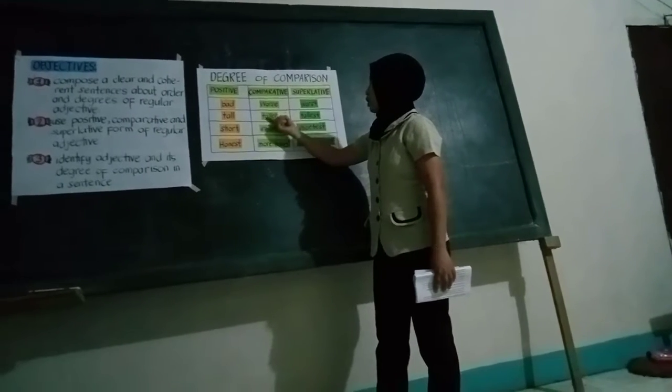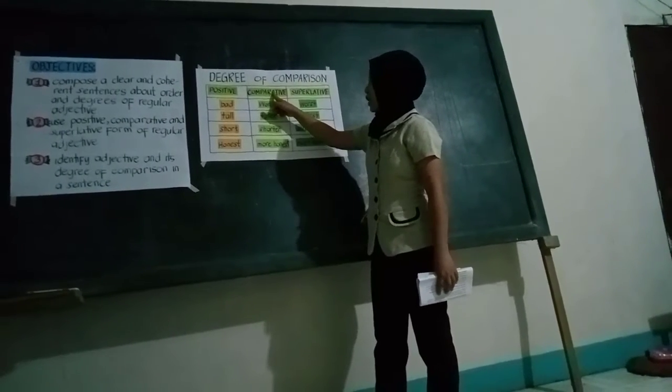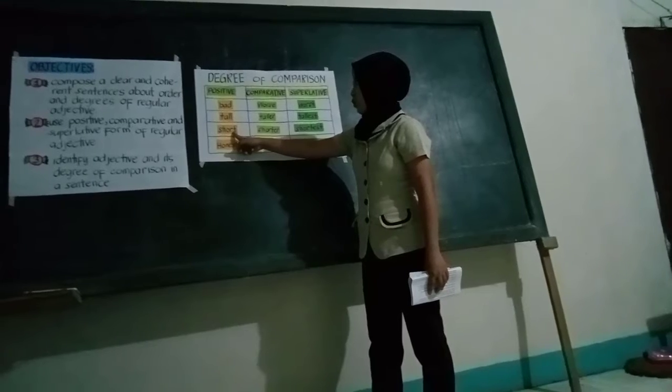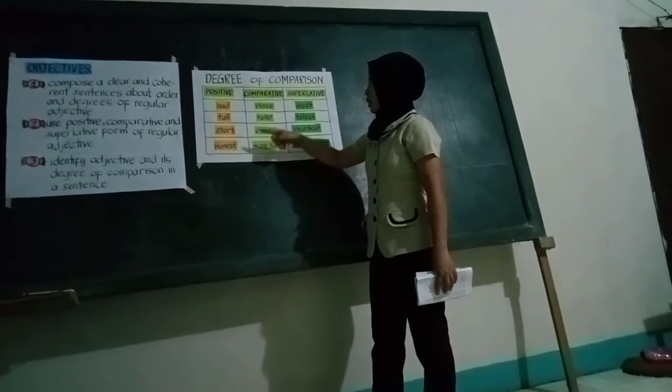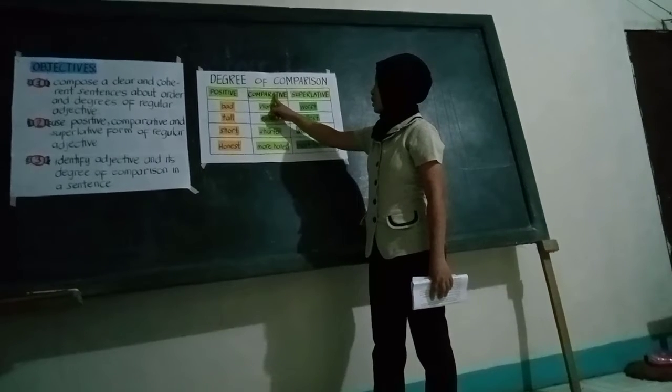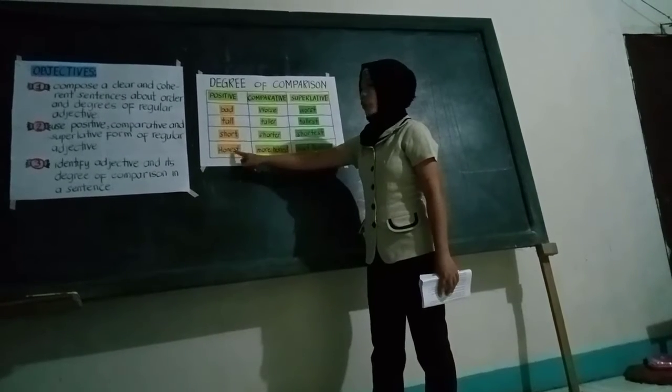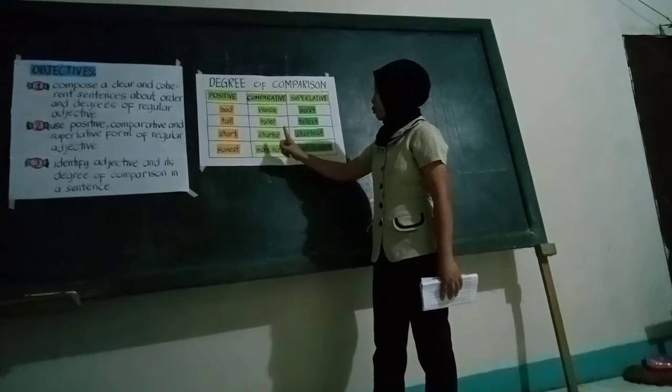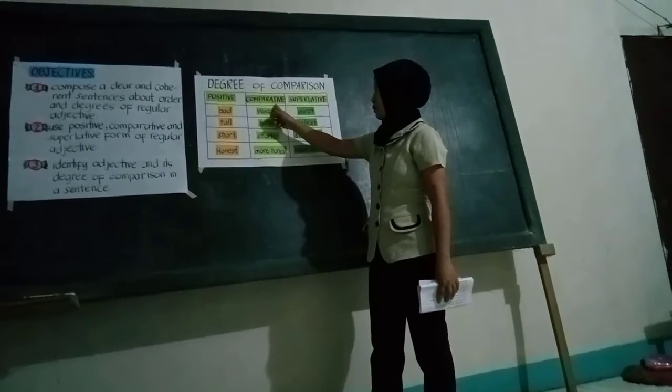In the comparative degree, the positive degree bad becomes worse, and tall becomes taller. The word short becomes shorter in the comparative degree. And honest becomes more honest in the comparative degree.